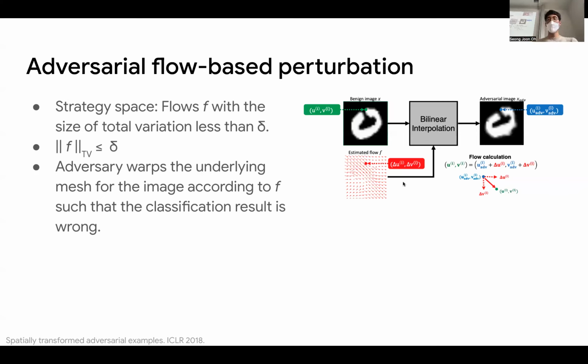Okay. And you wish your pixel movements to be very small. This can be regularized by using total variation, for example. It's a generalization of the L1 norm for vector fields.